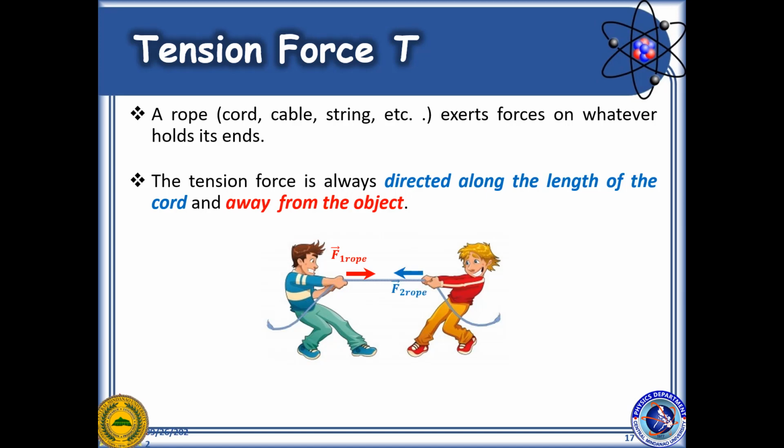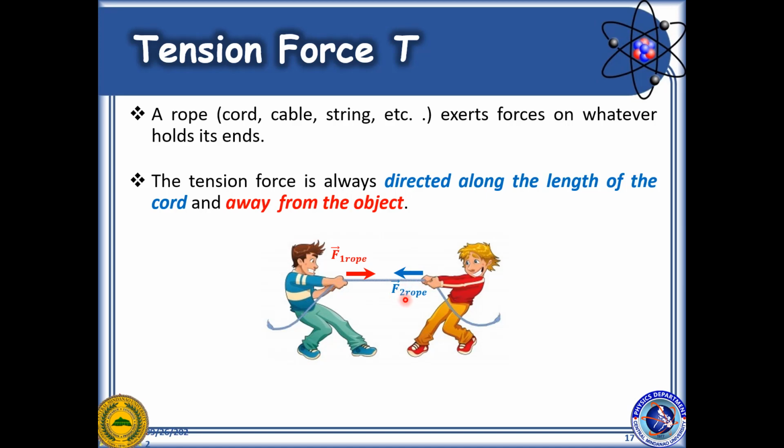So we have two players here of tug of war, and they are pulling the rope. We have two forces here. The force F1 is directed away from player 1. Notice the red arrow, it is going away from this player. And then we have the second force, this blue force here.